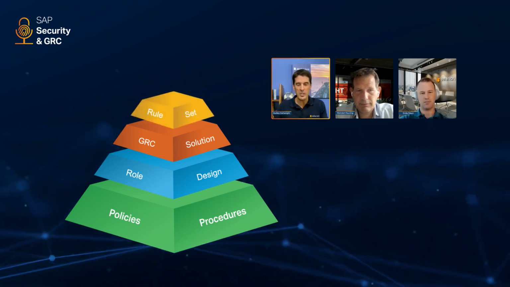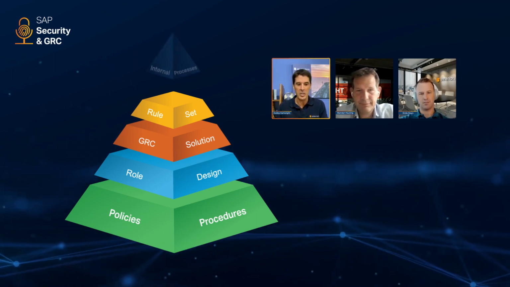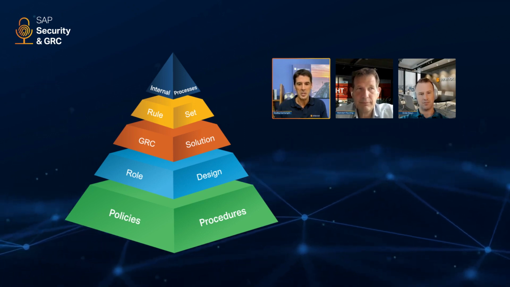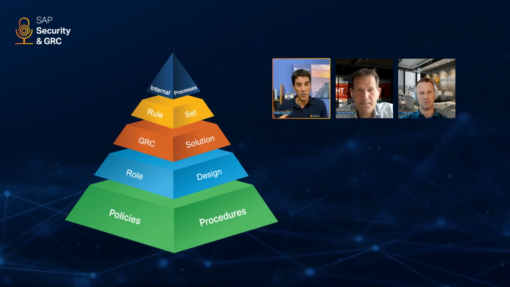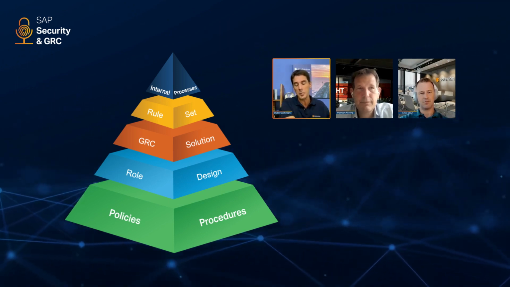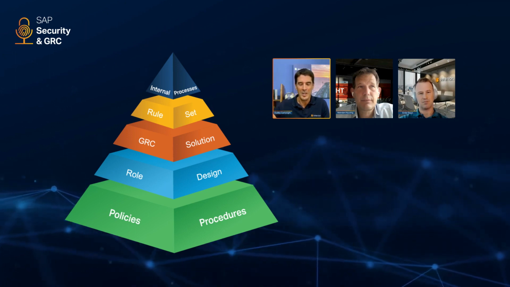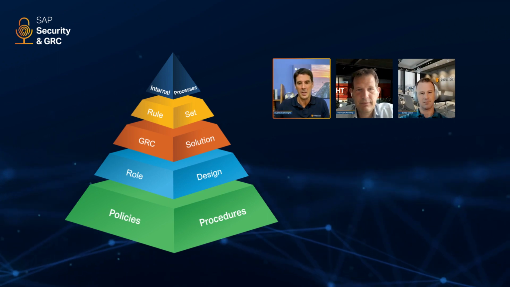You've got to customize the rule set to make it specific to your organizational needs. And then you've also got to implement the internal processes and introduce the compliance activities and tasks that not only audit are expecting you to do, but also that are required by you as an organization to ensure that you are managing your risk effectively.